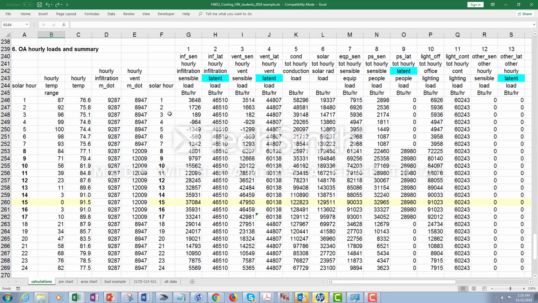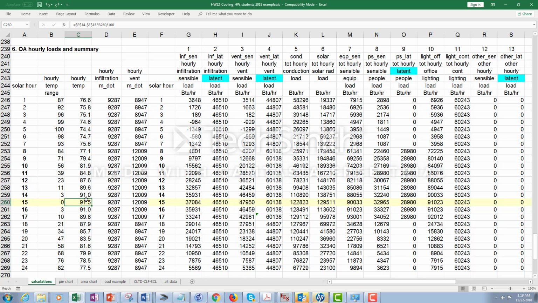Now let's take a look at this calculation. The sensible load depends on the temperature difference. So we need to know the outside temperature. We calculate that by subtracting from the maximum temperature some percent of the temperature range. In this case, 17.1.